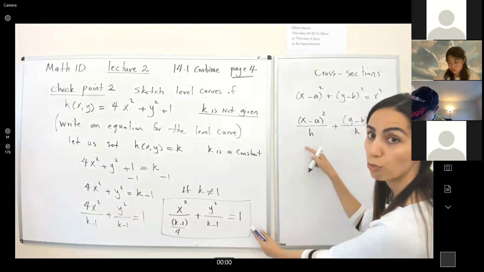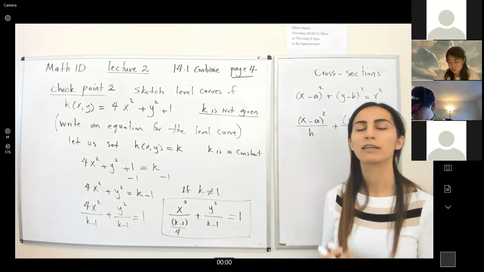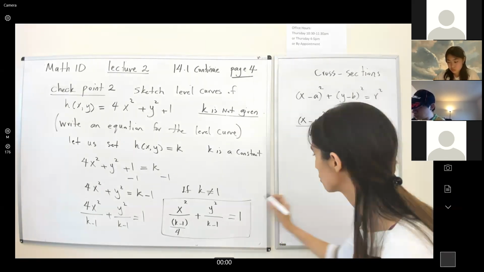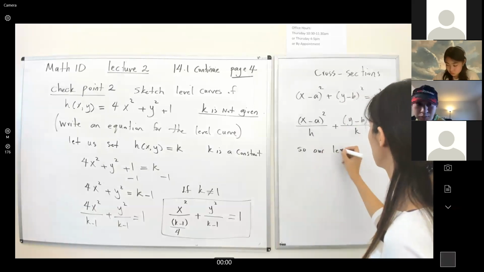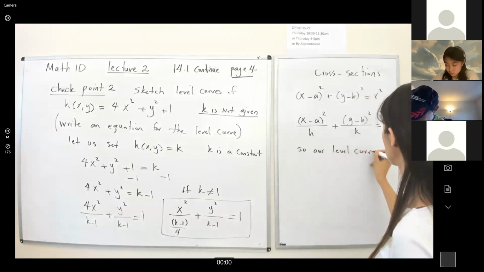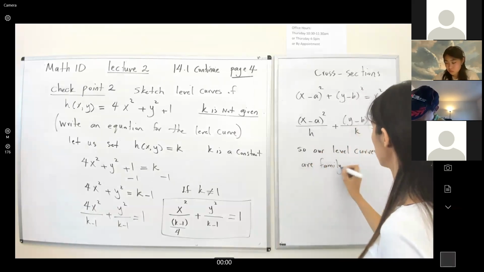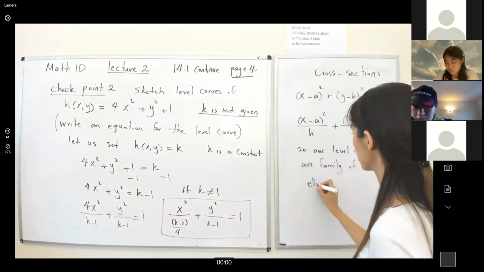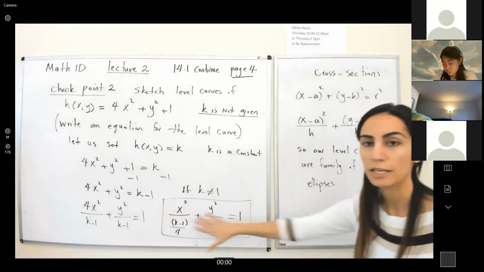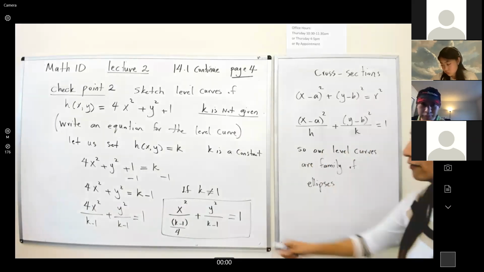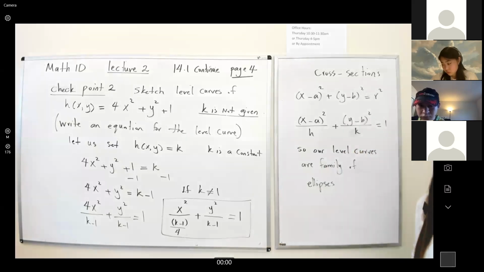Compare these two equations. You have a family of ellipses. So our level curves are a family of ellipses. This is the equation of an ellipse: x squared over h plus y squared over k equals 1.